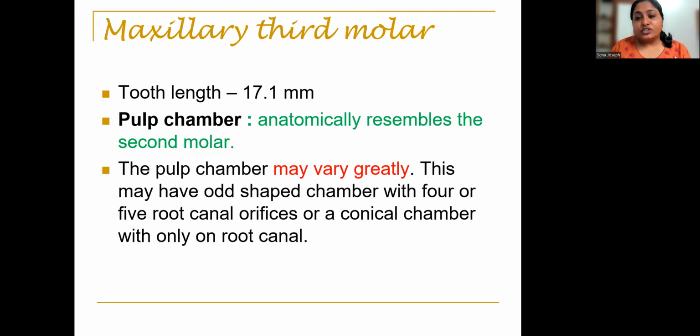It may have an odd-shaped chamber with 4 or 5 root canal orifices, or a conical chamber with only 1 root canal. With multiple preoperative radiographs, or when you do the instrumentation itself, you will understand the configuration. And whenever required, sometimes we even have to go for CBCT if we are not able to get an idea of how the root canal anatomy is.